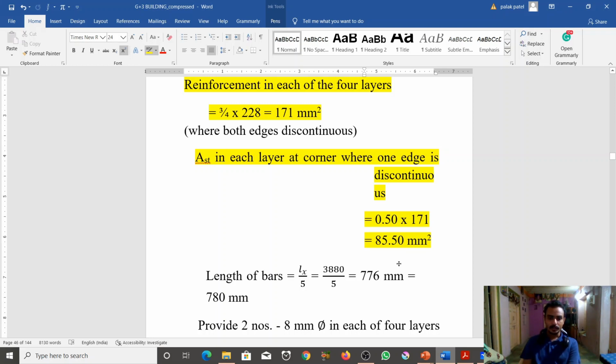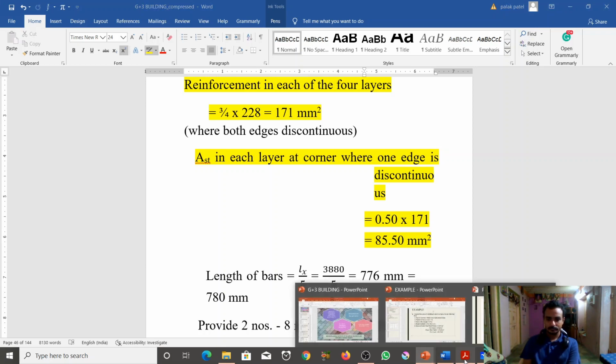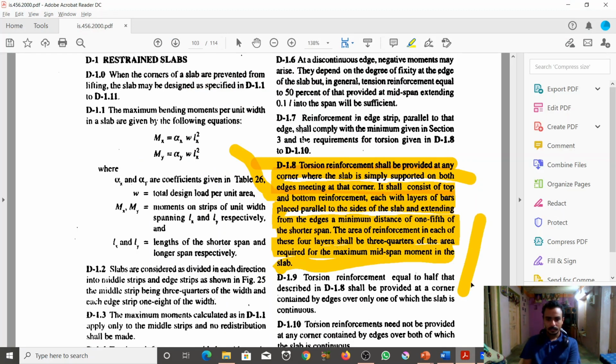We need 0.5, 50%, here. Torsion reinforcement equal to half that described in D1.8 shall be provided at the corner contained by edges over only one of which the slab is discontinuous.